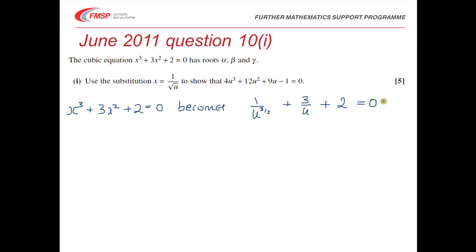So everywhere we have an x, we've substituted it by 1 over the square root of u.